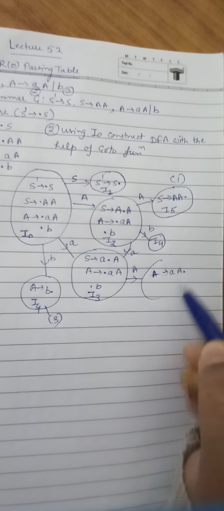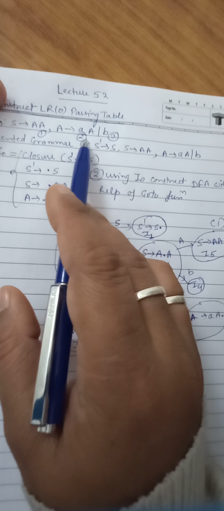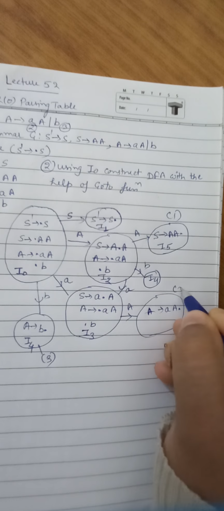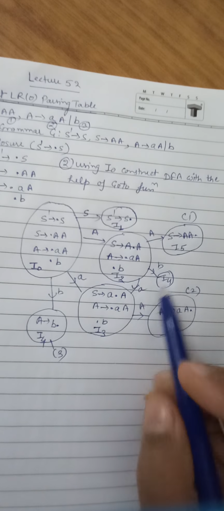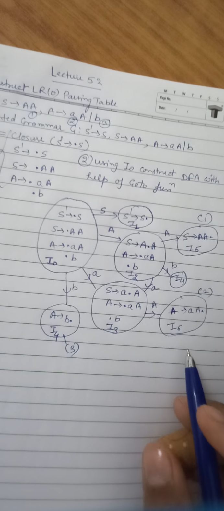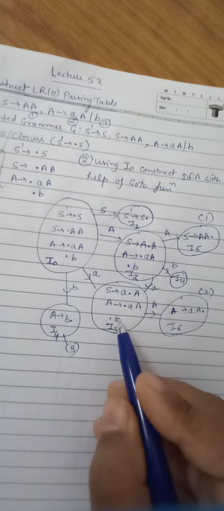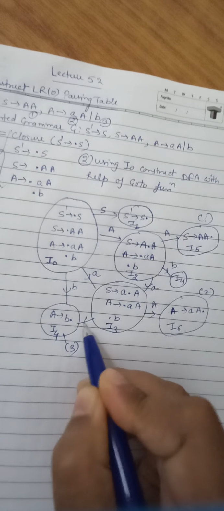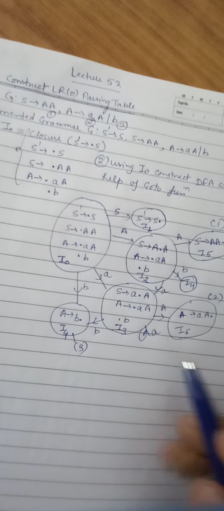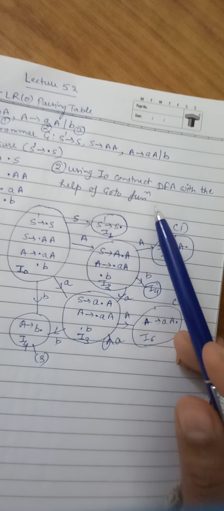It means it gets completed. So the second production is completed, and this is I6. For b transition it goes to the same state, I4, and for a transition it remains on the same state. So this is all about the DFA, which we construct with the help of the Goto function.